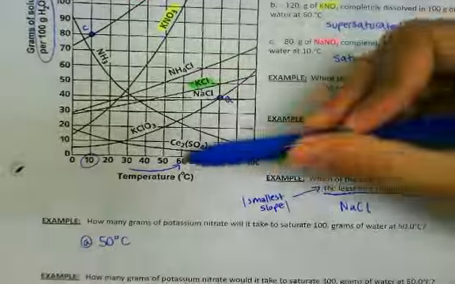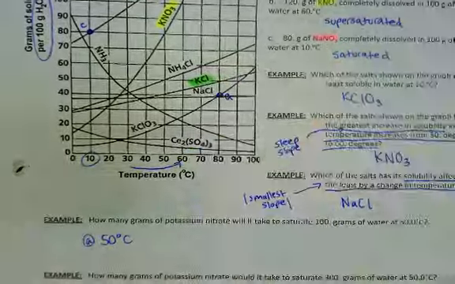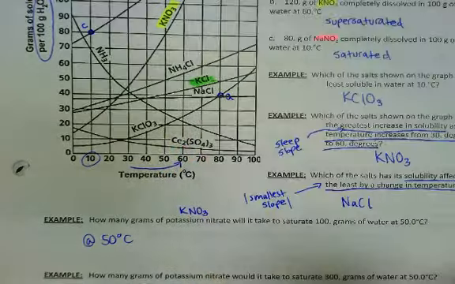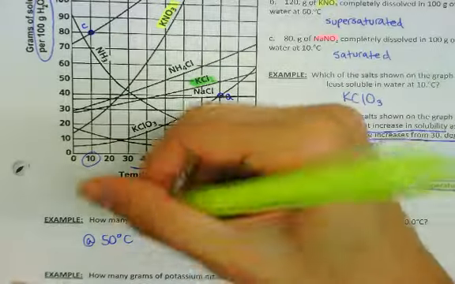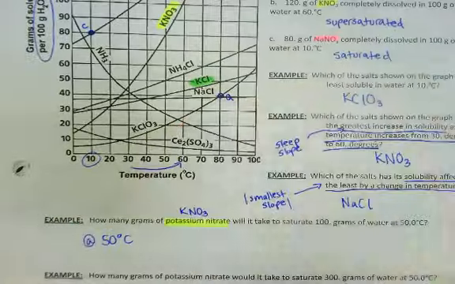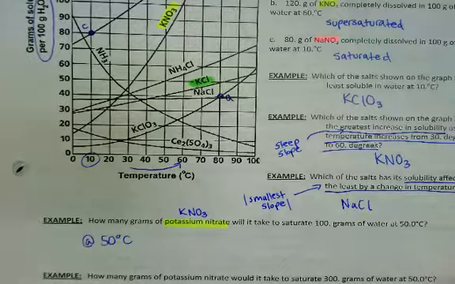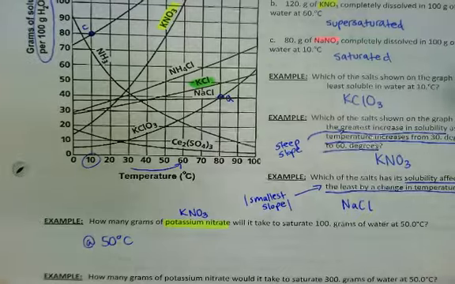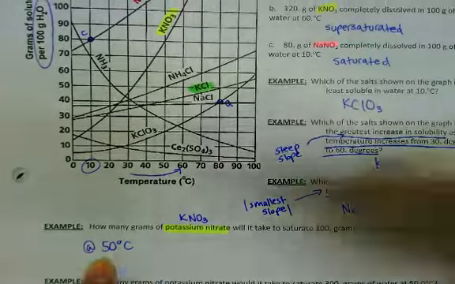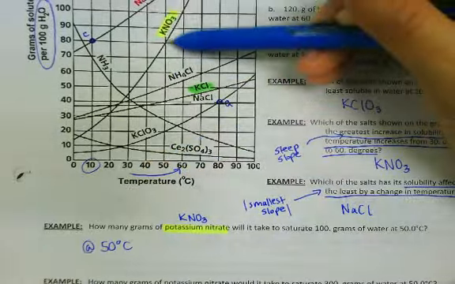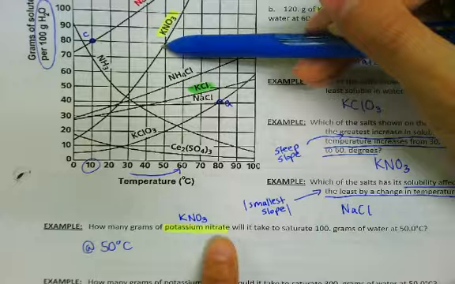We want to look at 50 degrees Celsius and potassium nitrate here, okay? KNO3, which we already looked at. This was our yellow one, potassium nitrate.